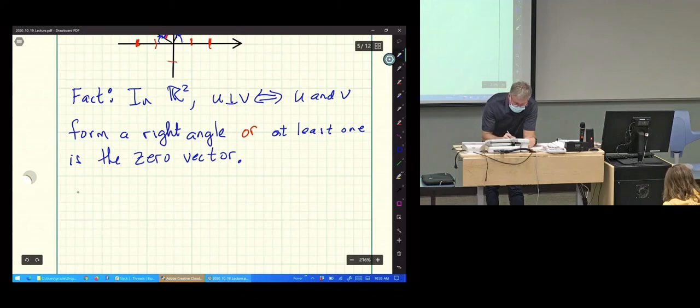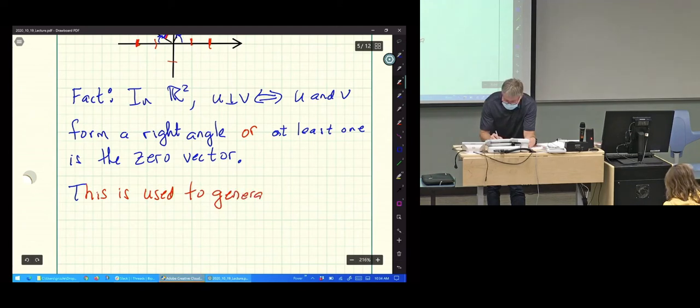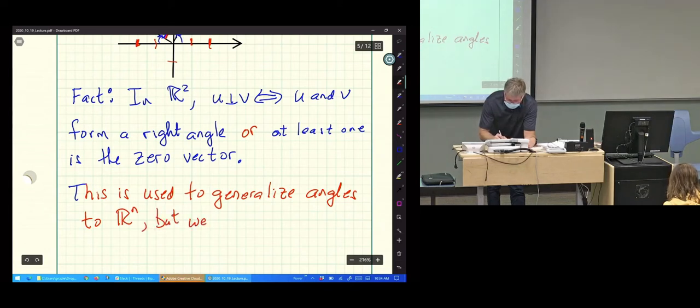Okay, and then this is used to generalize angles to Rn, but we will not do that.